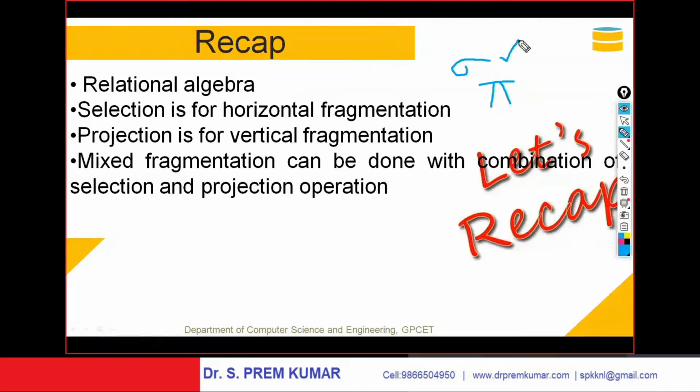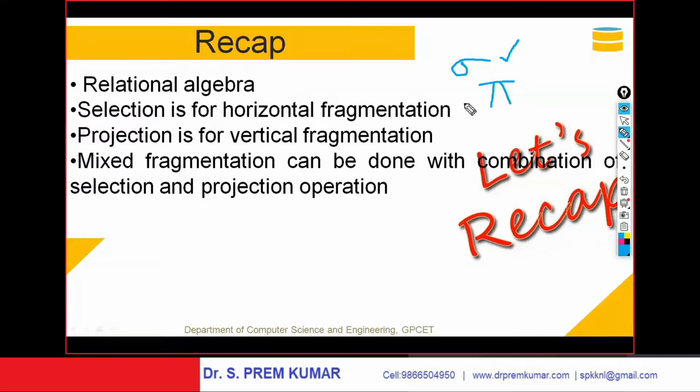Example: in an employee database, there are 1000 employees. I want to see only the details of female employees. You can see the details of only female employees with the help of the selection operation. With the selection operation, you can filter. I want to see the employees whose salary is greater than 50,000 rupees.